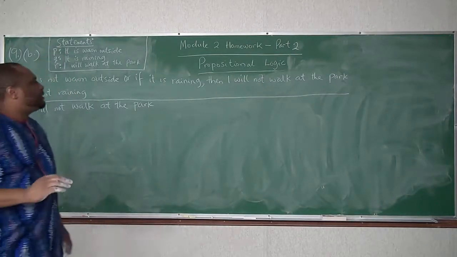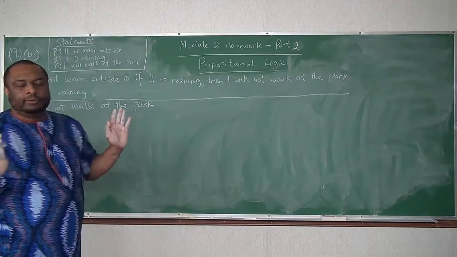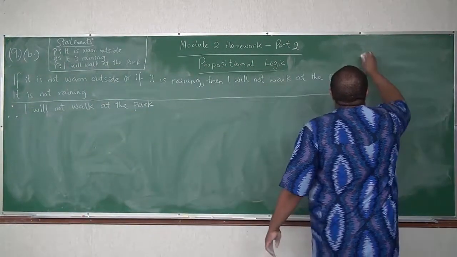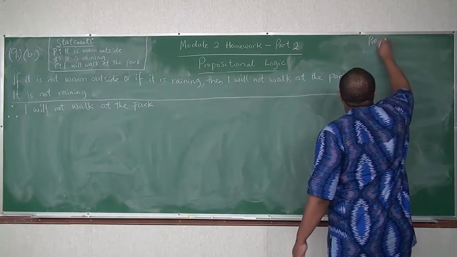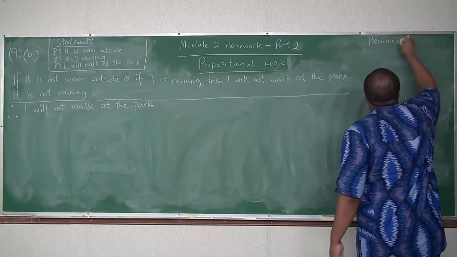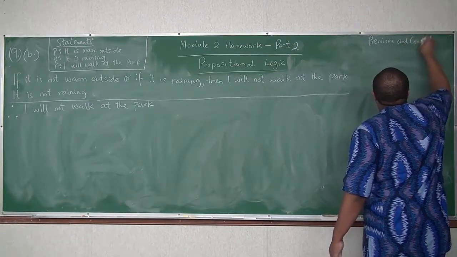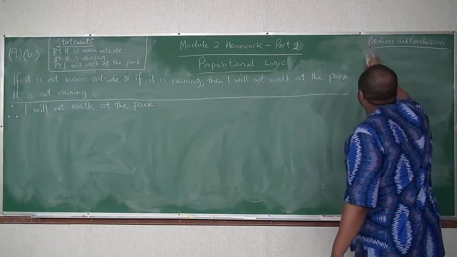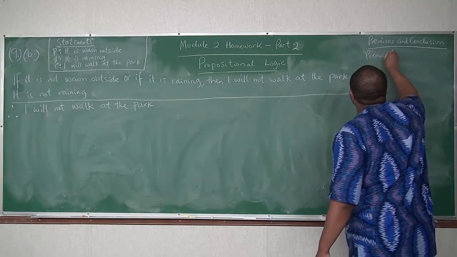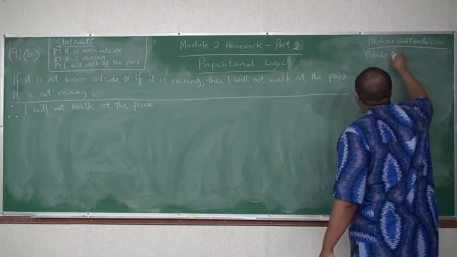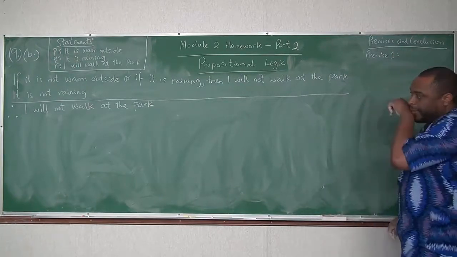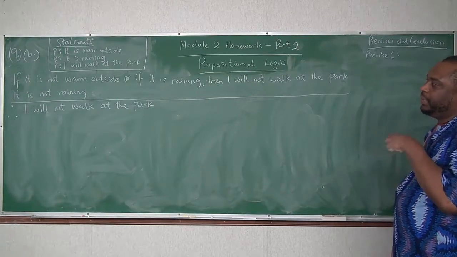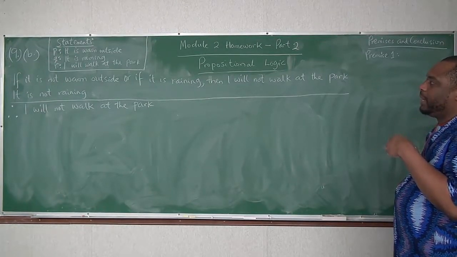Alright, now let us write our premises and conclusion. Premise 1 will be: if it is not warm outside or if it is raining, then I will not walk at the park.